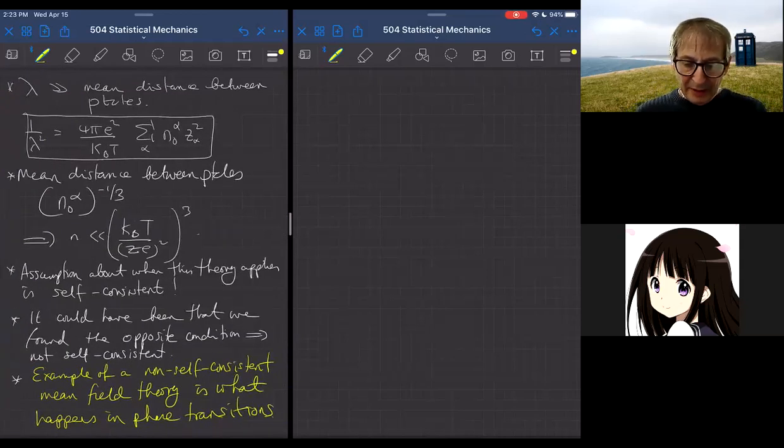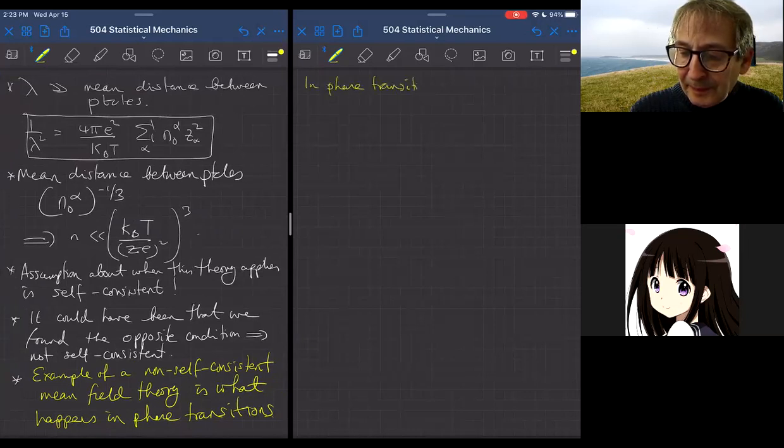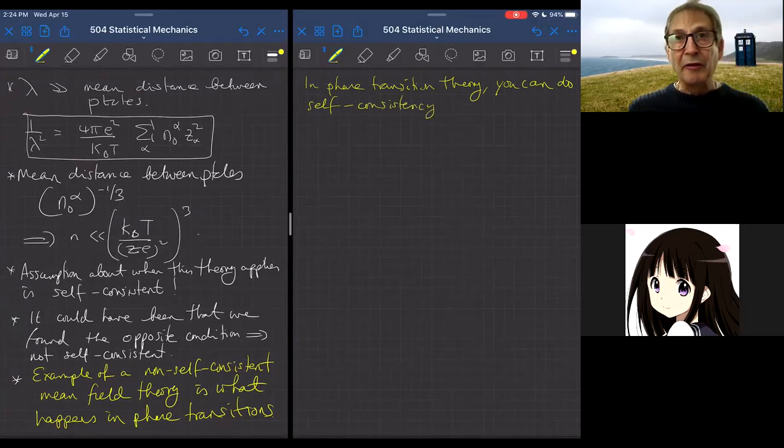So what happens in phase transition theory? You can do the self-consistency check. I'm not going to show you how to do that. You'd have to take my class on the renormalization group to see how that comes about.